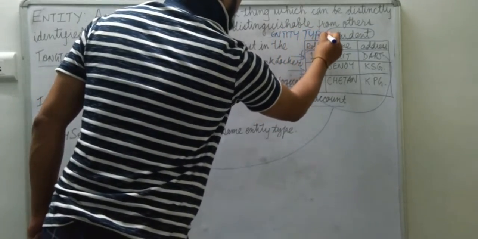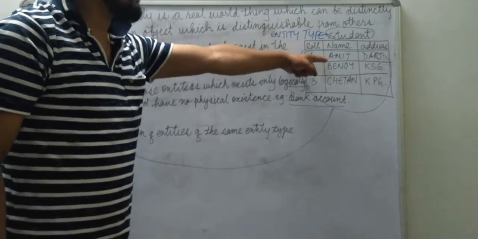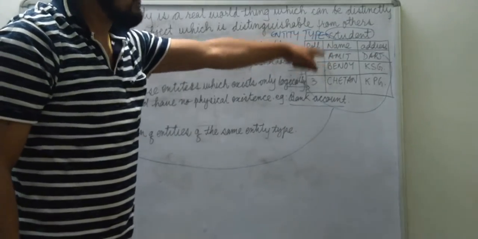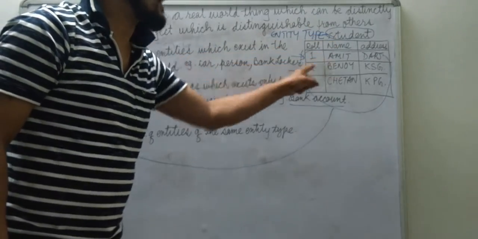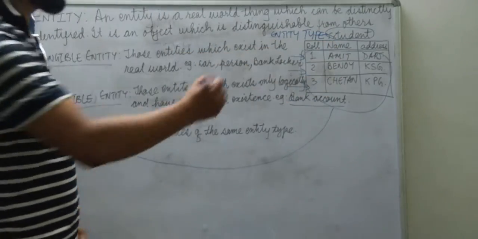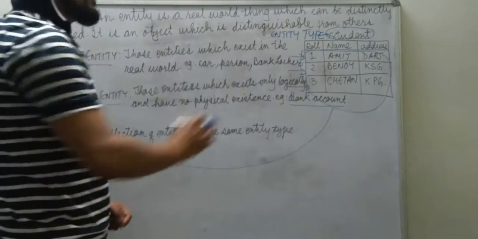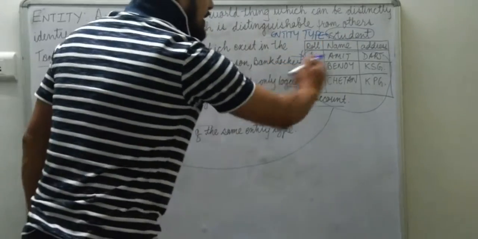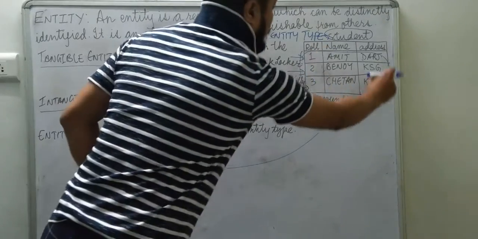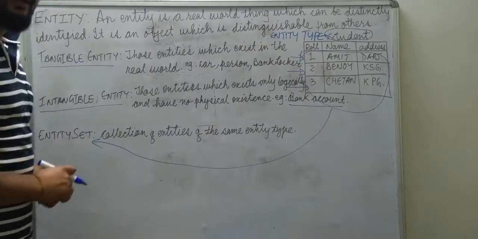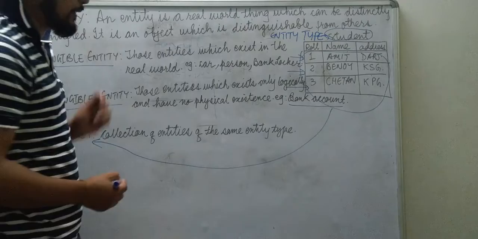Why? Because Amit is a student, Vinay is also a student, and Chetan is also a student. What is the type of all of them? Student type. So this table name is known as the entity type, each and every one of these rows represents an entity, and the collection of these entities is known as an entity set.